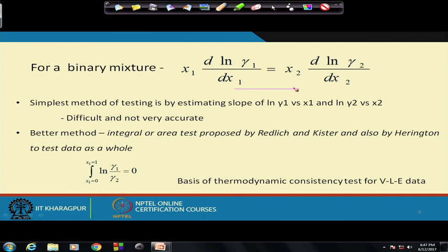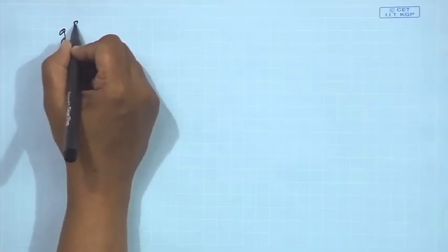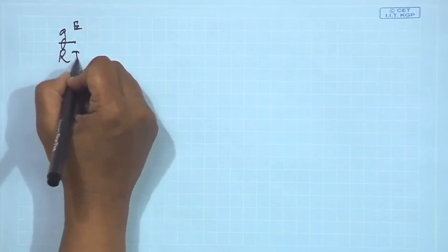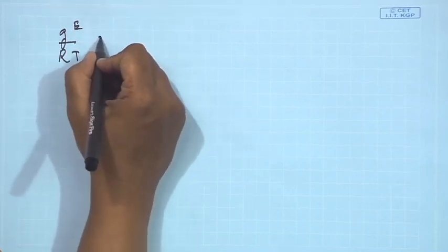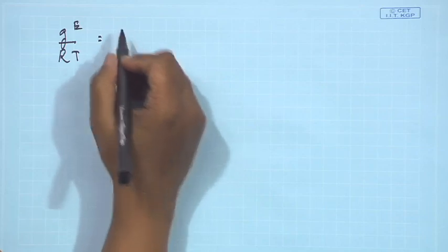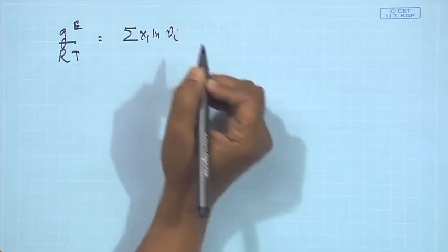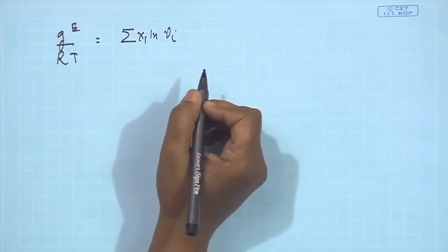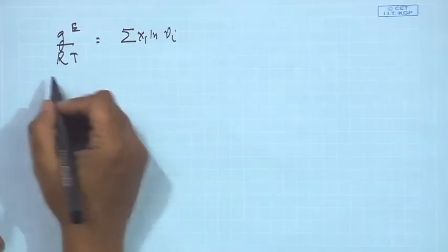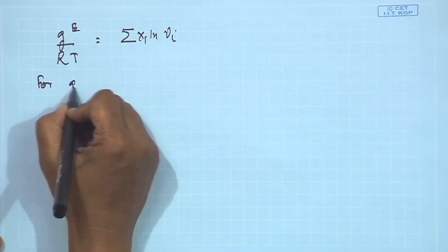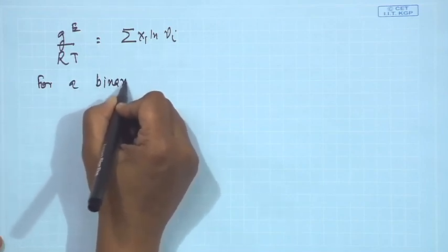For this, we write down the basic equation which relates molar Gibbs free energy to activity coefficient. What was that particular equation? If you remember, we have been using this equation since the time we introduced non-ideal solutions. So, for a binary mixture, what happens to this equation?